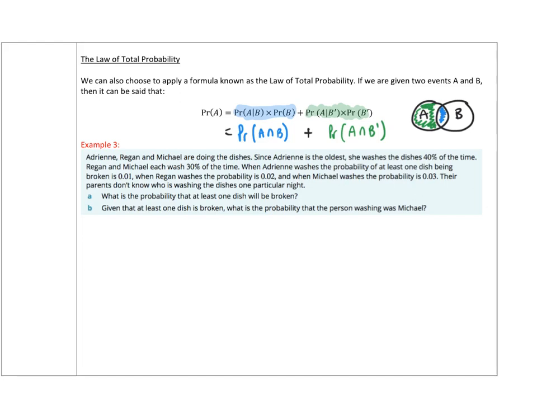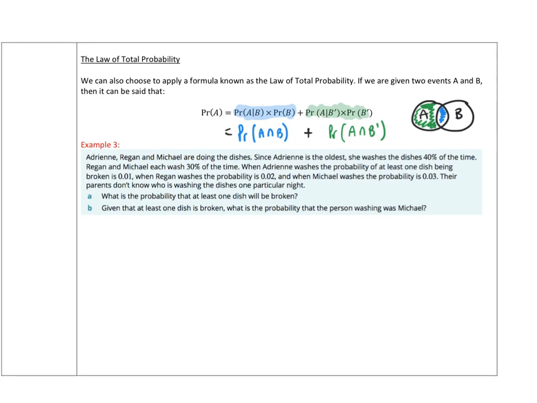Now this next question has quite a bit to it, and the events are not as simple as Monday followed by Tuesday. But it's pretty much the same approach. It says Adrienne, Regan and Michael are doing the dishes. Since Adrienne is the oldest, she washes the dishes 40% of the time. Regan and Michael each wash the dishes 30% of the time.